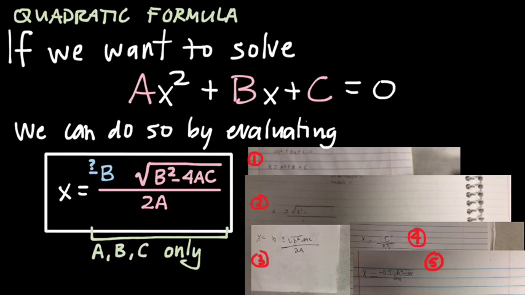What's the other thing that they don't agree on that's different between 3 and 5? So response 3 has something that 5 doesn't. Yeah, it has this plus or minus symbol here. So those are the 2 points of disagreement between response 3 and response 5.